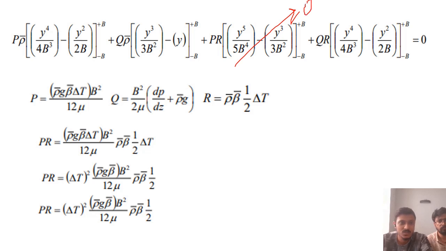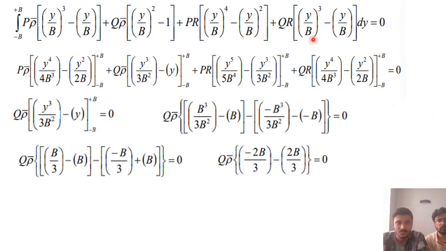Now we have this term also zero after substitution. And third, we will see that after substituting the limits, this term will also be zero. So these three terms will become zero, and we are left with only this term.